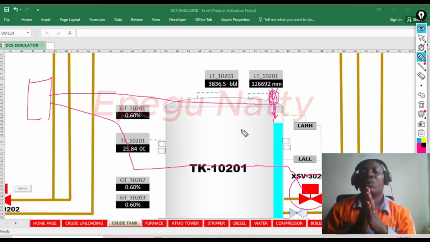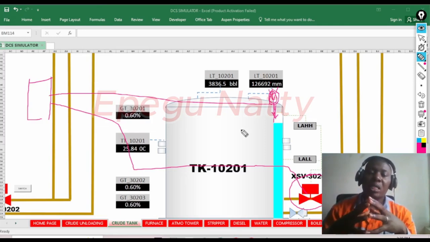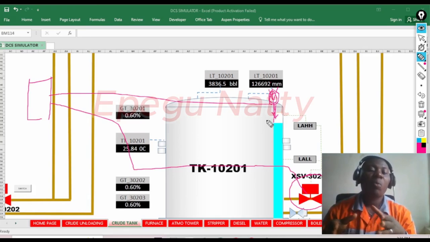Now, even if we get this correct, how do we ensure that the ESD is a SIF? Apart from these 3 criteria, we need to understand that even with these 3 criteria, the shutdown valve may not be a SIF, except other criteria are also met.